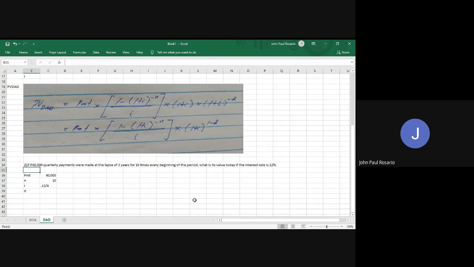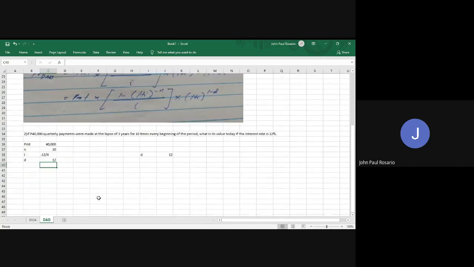What is the period of deferment? Anyone? 12, sir. Okay, very good. It's 3 times 4. Okay, again, when it comes to annuity due, we have no minus 1. So the period of deferment is 12.